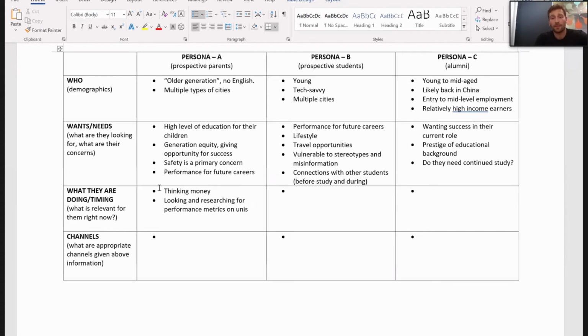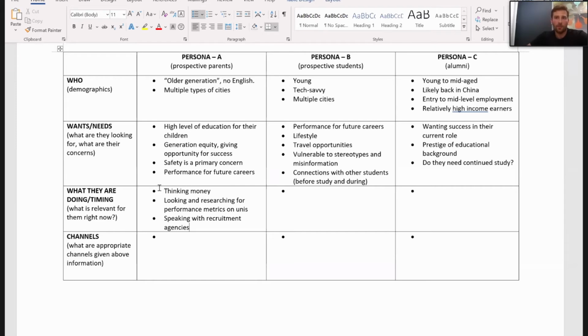They're looking up, I guess, aggregate sites that rate universities. They might even be speaking with recruitment agencies. Get the ball rolling with a recruitment agency. Notice how I haven't quite mentioned speaking with the university directly. And that's because for most universities, they actually don't have a web presence that's visible there.